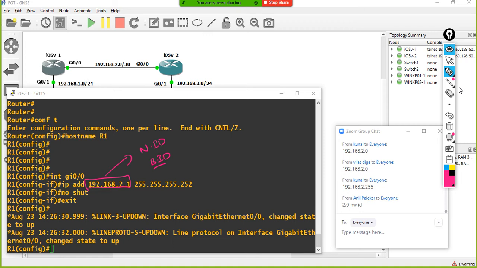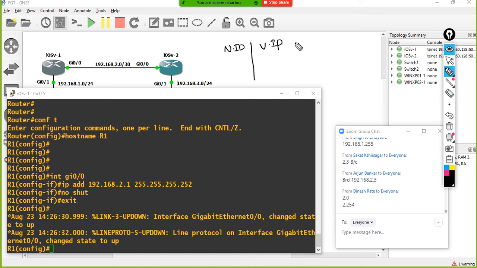Okay, network ID. No, everybody is wrong. Kunal is wrong. This guy is wrong. Guys, you are not practicing. See there, what is the magic number? Most of the people are not practicing at all, man. What are the valid IPs, right? Then after that, there is a broadcast ID.